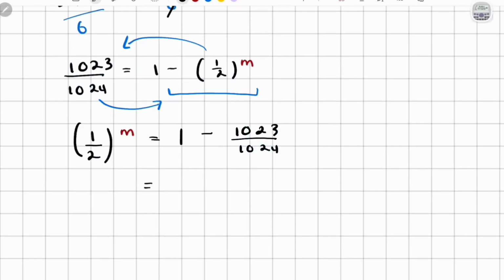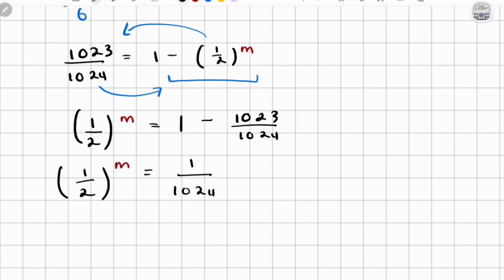But in this one, I can see that I could have changed 1 to 1024 over 1024, really. And I'm saying minus 1023 over 1024, because when you subtract fractions, your denominators must be the same, right? So as you can see, 1024 minus 1023 is just going to be 1. So 1 over 1024. You can use a calculator. So this is 1 over 2 raised to the power of m.